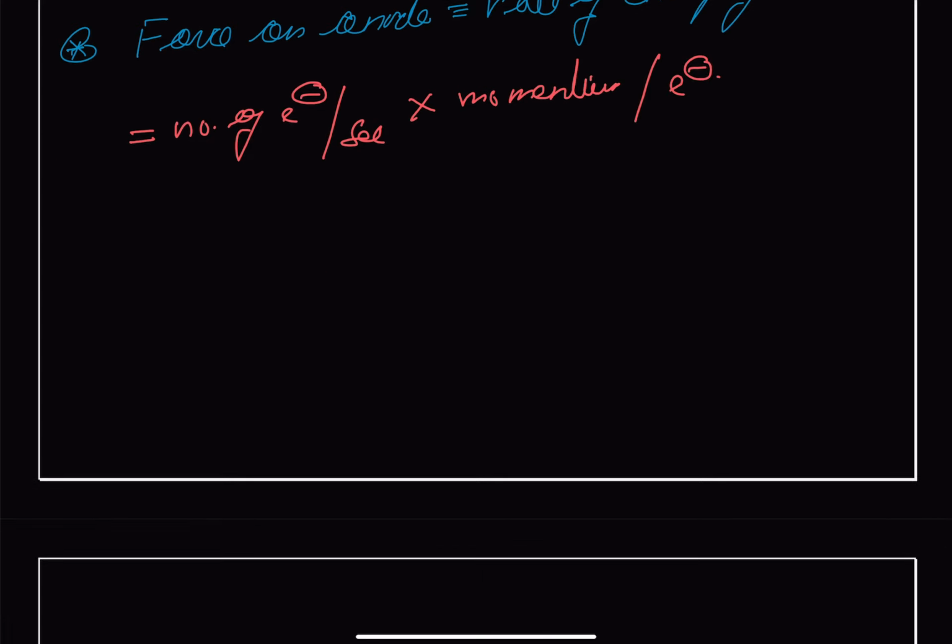Therefore, force is represented as F, the number of electrons per second is capital N, and the momentum per electron we just found is P.